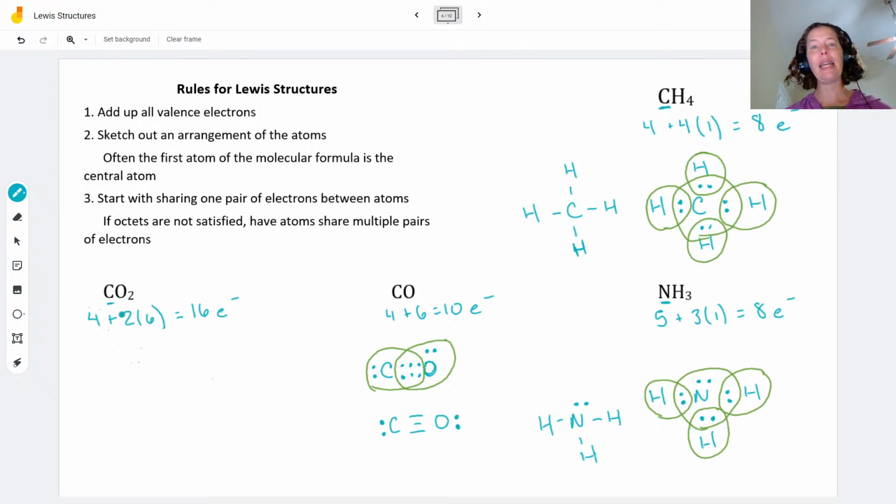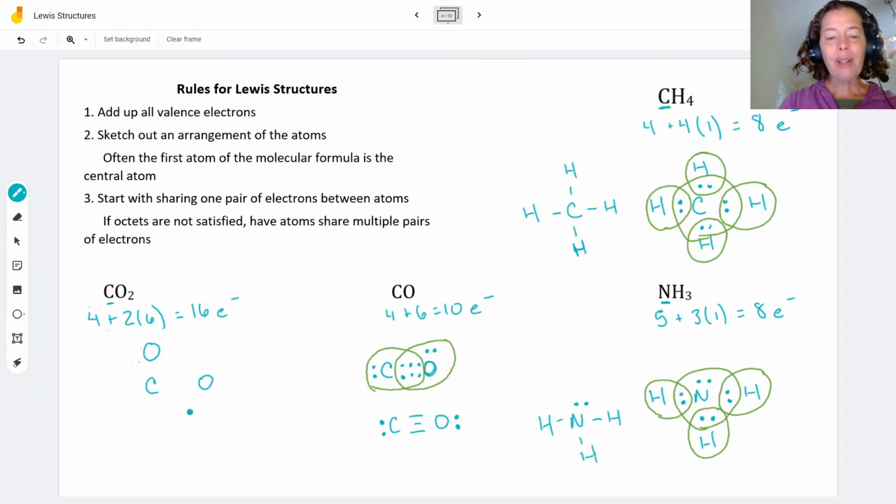Again, it's written first. It's the single one. We have 2 oxygens, so those are probably not going to be central. So I'm going to put carbon in the middle, and I'll put the oxygen on top. It doesn't matter. Just put them around your carbon and give yourself enough space that you can put electrons in.